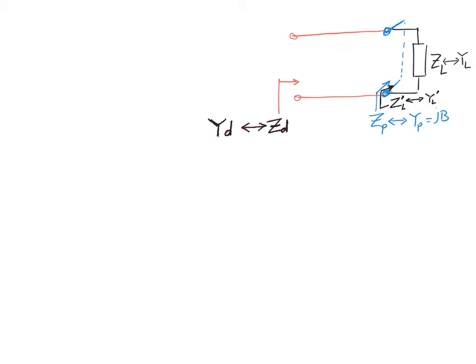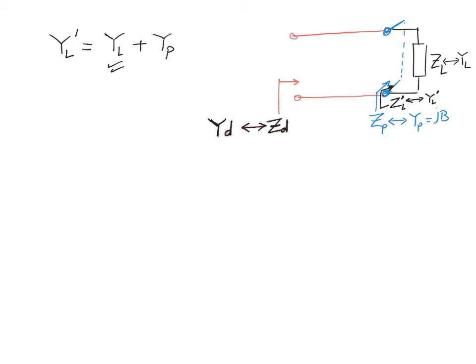So now the equation that we will have in this case, and again we work on admittances, is that YL dash, the equivalent of both of them, is equal to YL, which is known to me, the load admittance, plus the parallel impedance represented as an admittance, so plus YP.